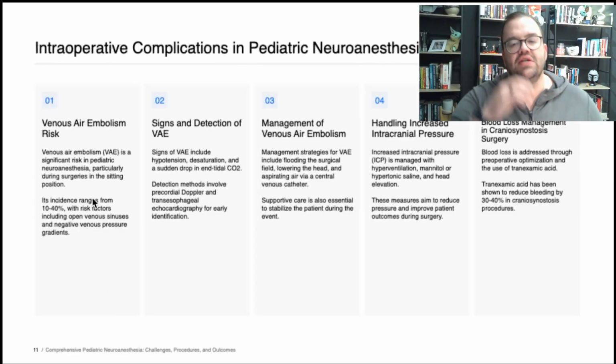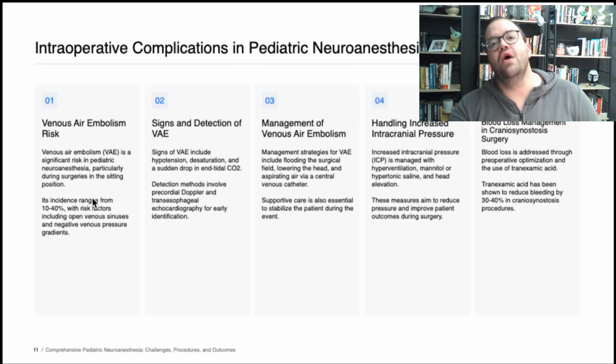And to be honest, these days, the use of a transesophageal echo probe is by far the most common and most sensitive and best tool to use.